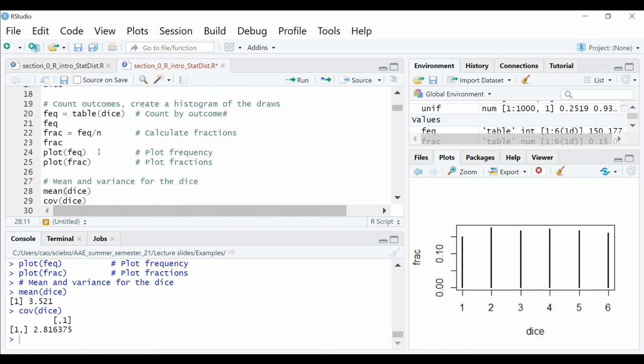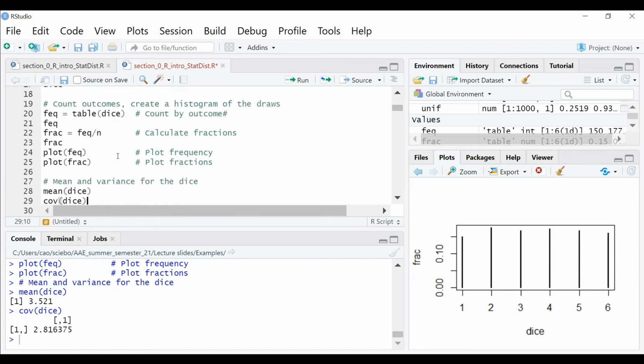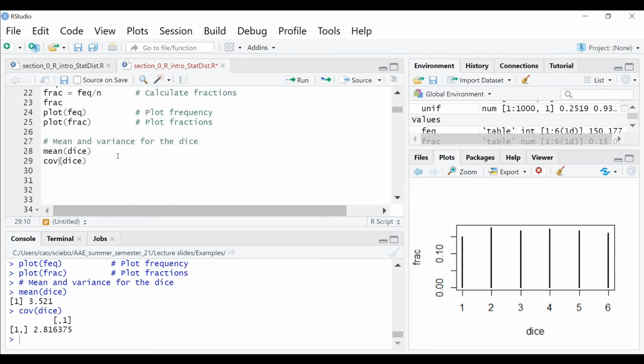Why? Because you did not observe these outcomes from 1 to 6 with equal frequency. Some appear more than others, right? Even the dice itself would not know, every time you throw it, which face will be up. So that's the randomness of the action.